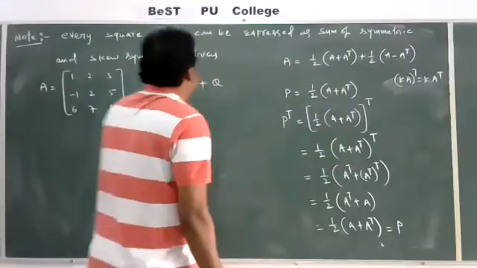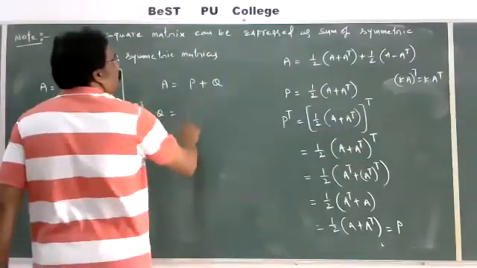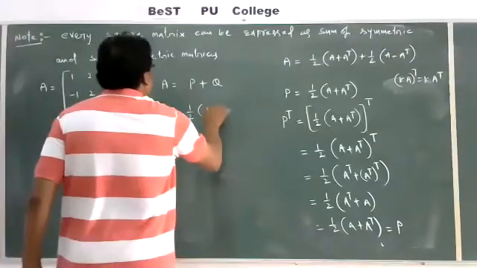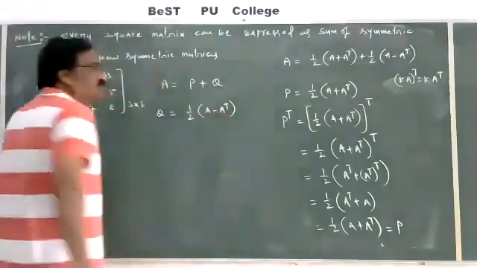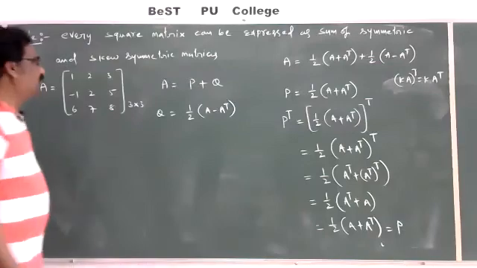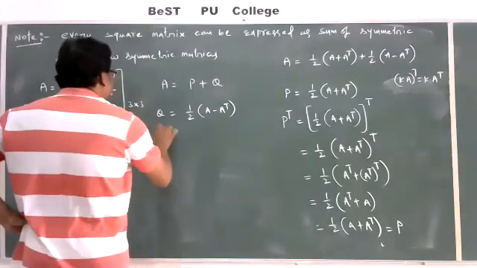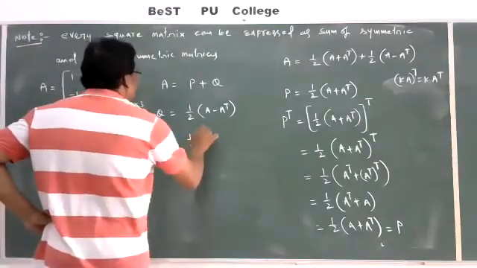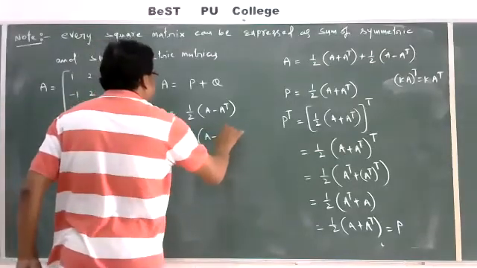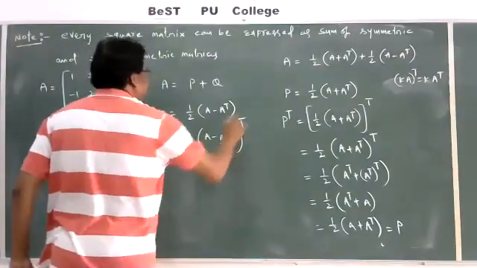Also we prove that Q is equal to 1 by 2 into (A minus A transpose). Take transpose on both sides: Q transpose is 1 by 2 into (A minus A transpose) whole transpose.